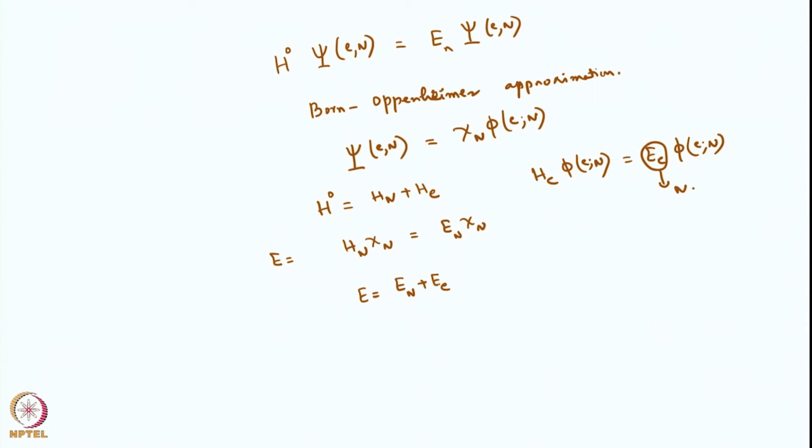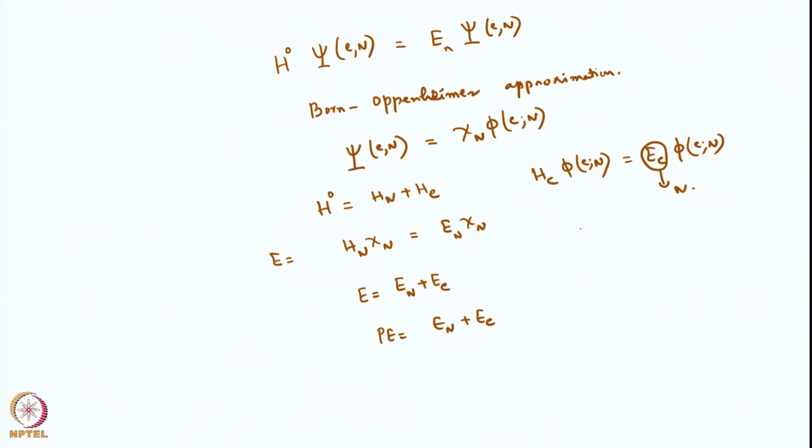The nuclear energy is not just the repulsion, but it also has the electronic component in it, and that is called the potential energy. So you have E nucleus plus E electron.